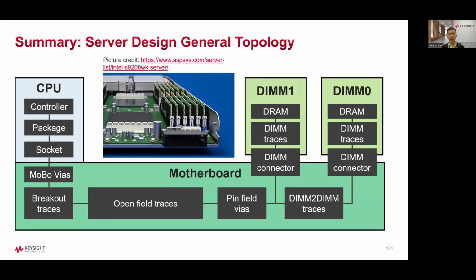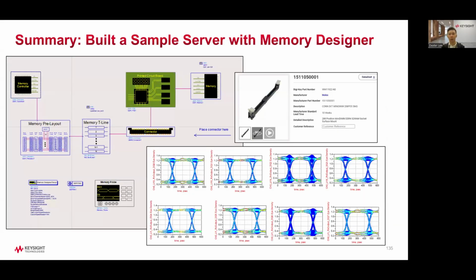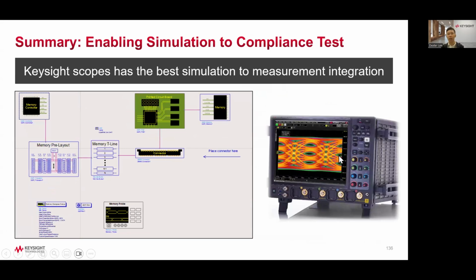We looked at how we can include an S-parameter file of a connector from Molex in our simulation, run it, and look at this kind of eye diagram. And for compliance tests, as mentioned, Keysight scopes have the best simulation to measurement integration, so we have our Keysight Infiniium test app that can run together with our ADS software.